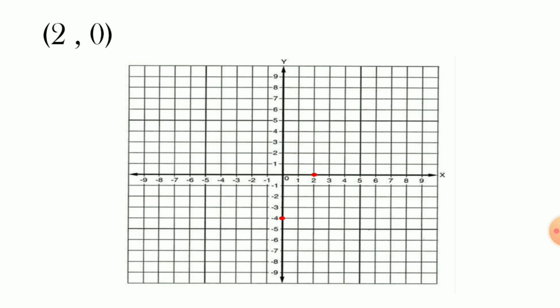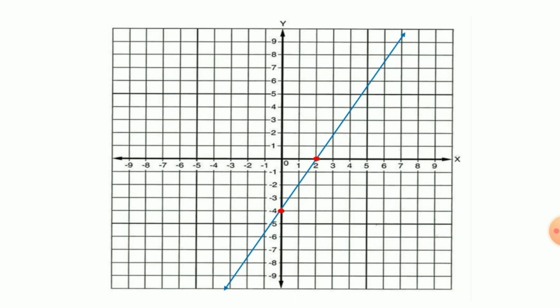If the inequality is less than or equal to or greater than or equal to, then use a solid line. Since the inequality that we use is less than or equal to, then let us use a solid line in connecting the 2 points. So we already have our graph.